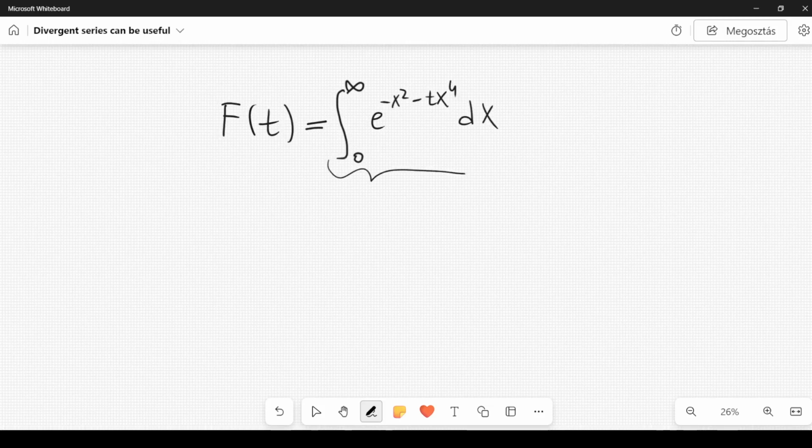Integrals of this kind arise, for example, by considering path integrals in quantum field theories. We might have a theory with a certain interaction term of this kind, and this parameter t is related to the interaction. In this case, this is a self-interaction because we only have one field.